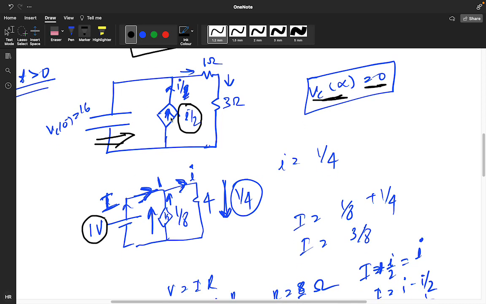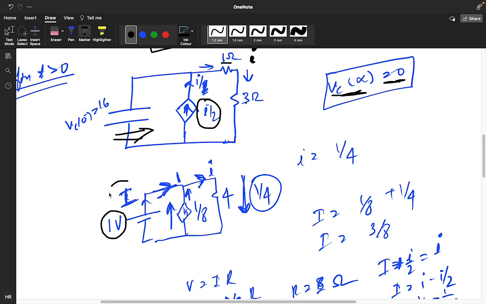Here it is 1 ohm, here it is 3 ohm, and the current is given as I, so it depends on this. I need to find I, because resistance equals V by I, and V I know is 1 volt. I only assumed it; you can assume 100 volt or 200 volt, it's up to you, you will get the same answer. It's a test source only.